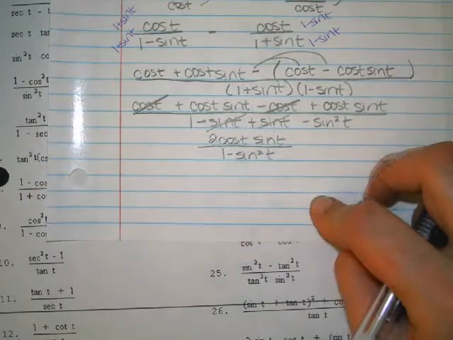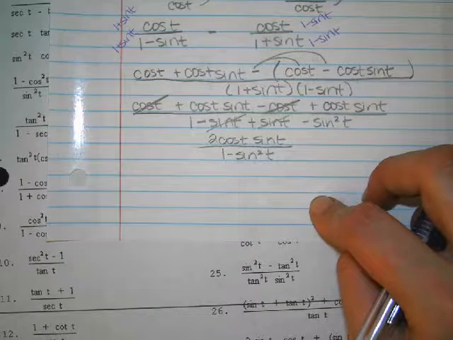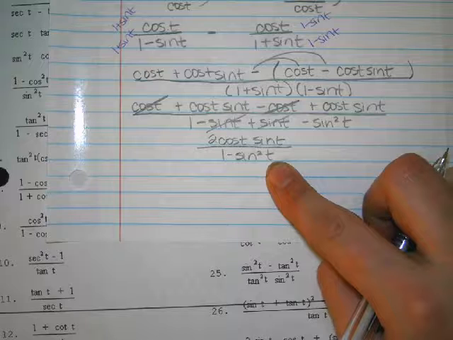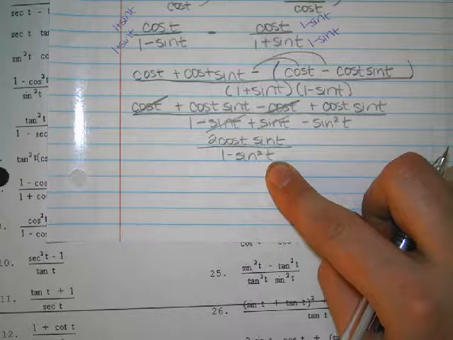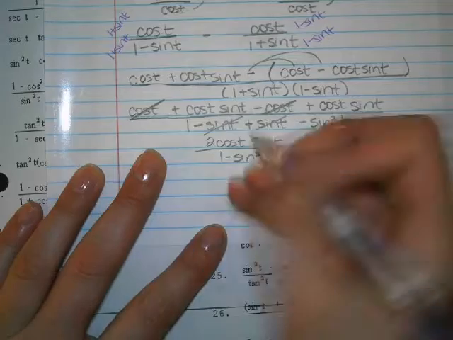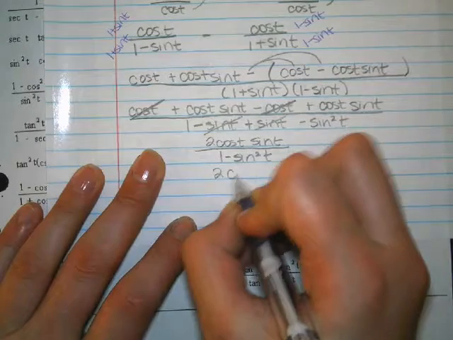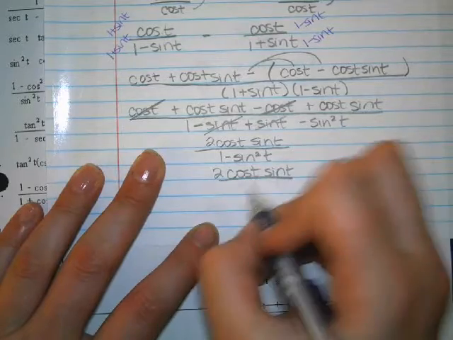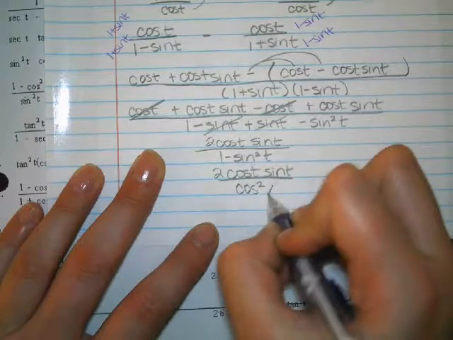I cannot cancel out sines. But if we look at our green sheet, 1 minus sine squared is cos squared. All right, so I'm going to leave the top the same, and I'm going to replace the bottom with cos squared t.